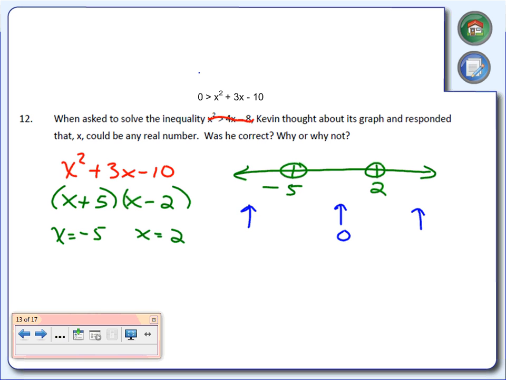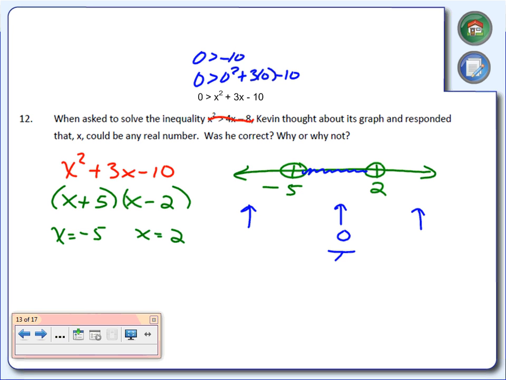So if I put a 0 in for my x's, do I get a true or a false statement? Well, let's find out. 0 squared plus 3 times 0 minus 10. What do you get when you put that in your calculator? Negative 10. Is 0 greater than negative 10? Yes, that is a true statement. And because it's a true statement, our solutions are in here.